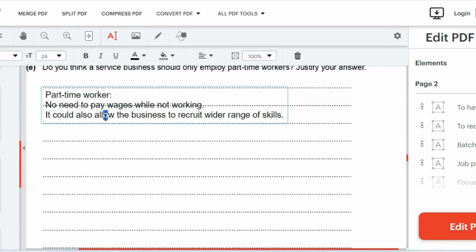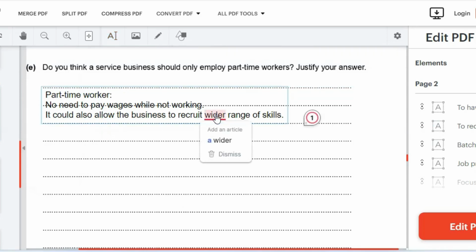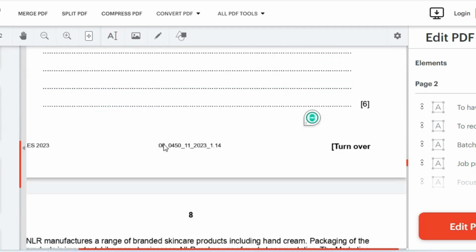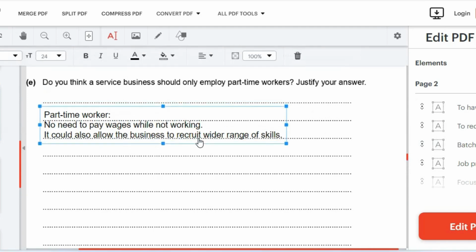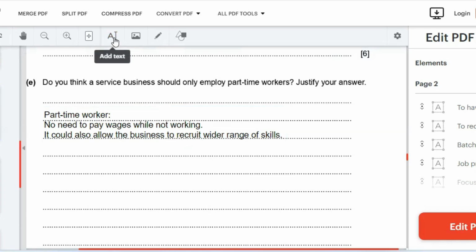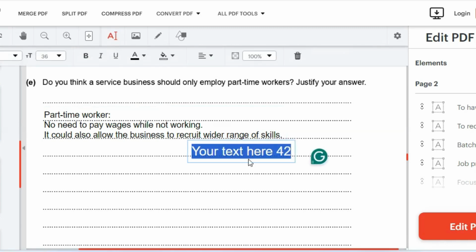Yes, it could allow the business to recruit a wider range of skills. Let's try to drag up. Okay, that is for part-time worker. It can also be due to more flexible hours and easier to extend worker hours as they are busy time.